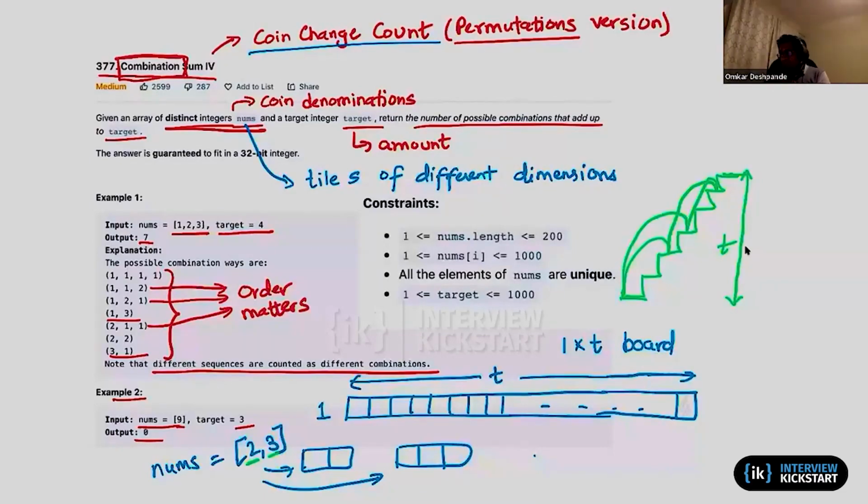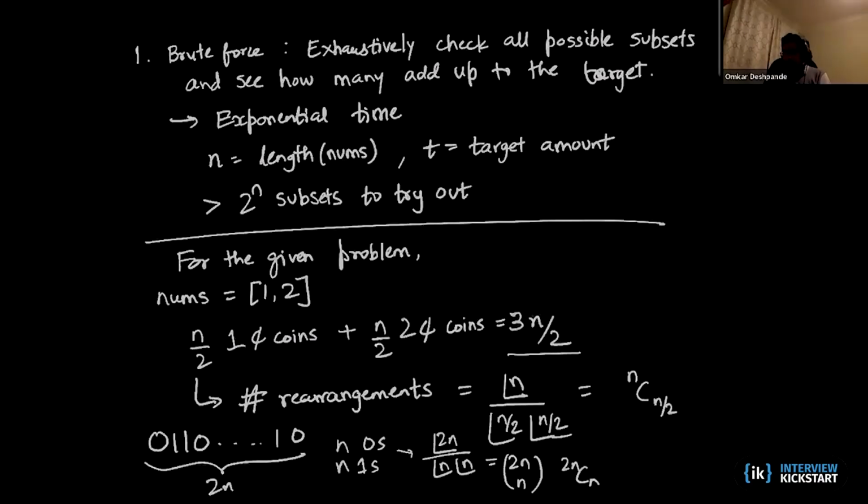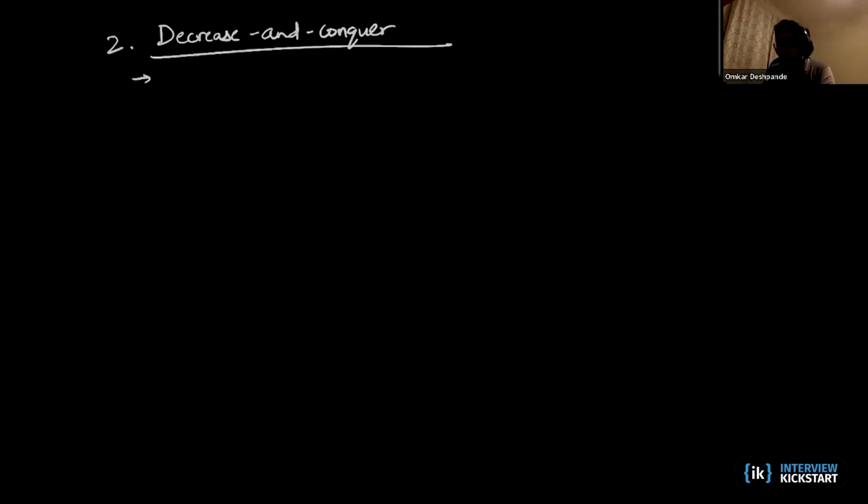Similarly, for this coin change count context, as a lazy manager, I could ask what is the last cent going to be covered by? Instead of the last square in the tiling problem, what's the last cent going to be covered by?